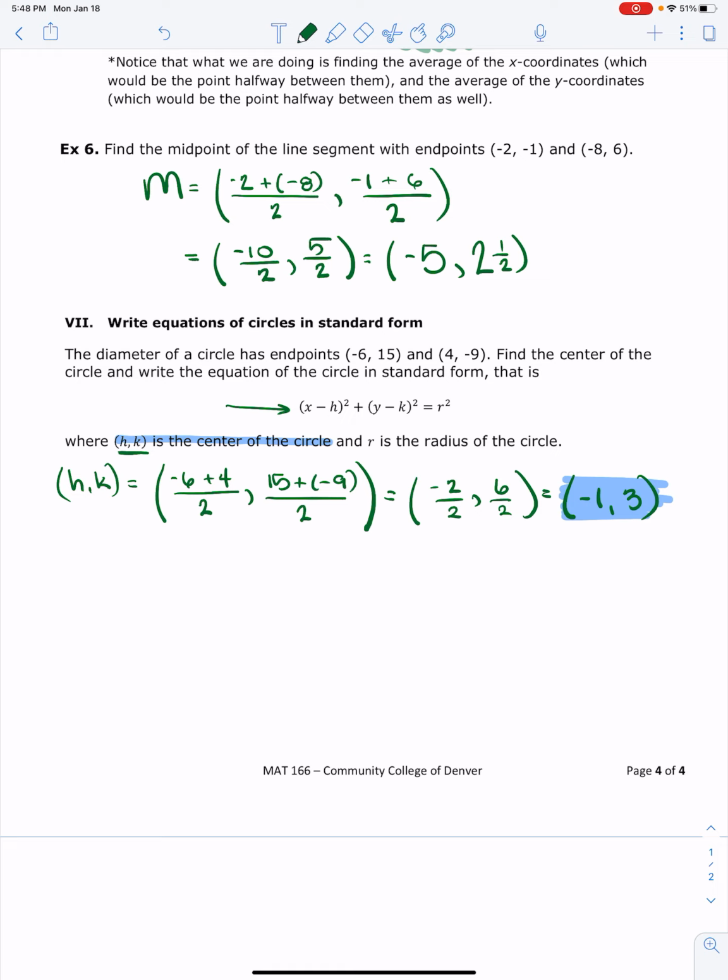Okay. So I could use the 2 points that they gave us, find that distance and cut it in half. I could use the center that I just found, hoping that I did not make a mistake, and the distance to one of those points and use that to find the radius. So I think I'm going to do it that way. I'm going to find a radius.